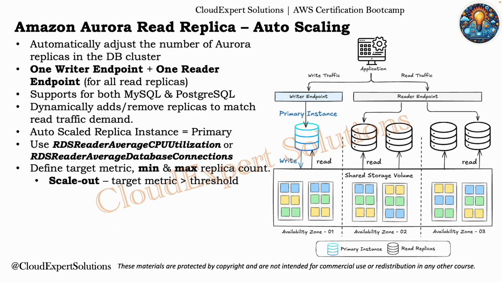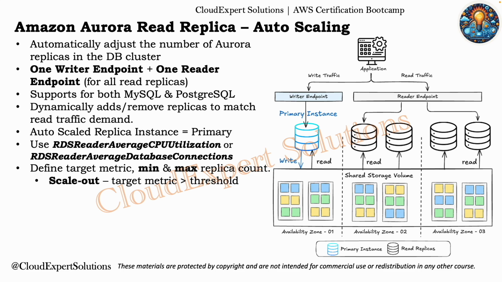When read traffic increases and your chosen CloudWatch metric goes above your target threshold, then the auto scaling policy is triggered and Aurora will automatically provision or add new replicas to your cluster. And these new replicas will join the reader endpoint.